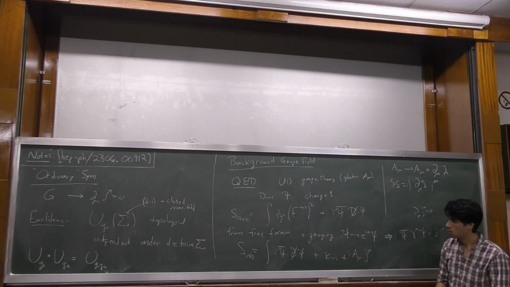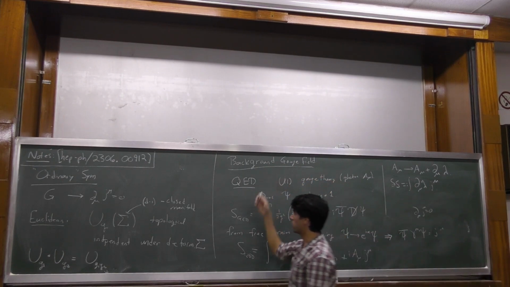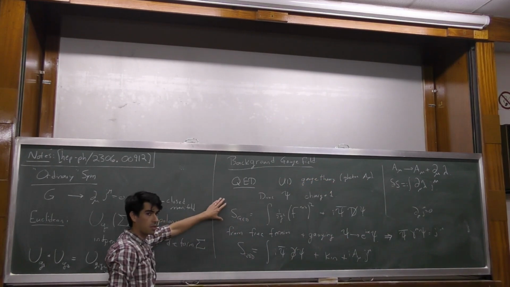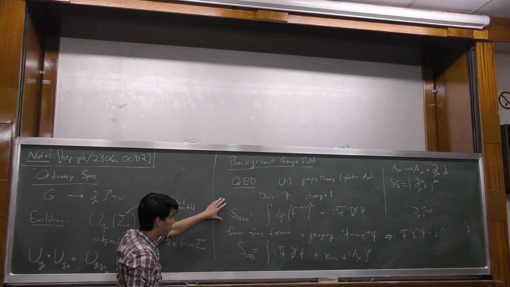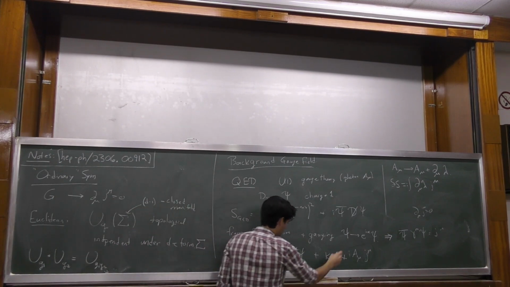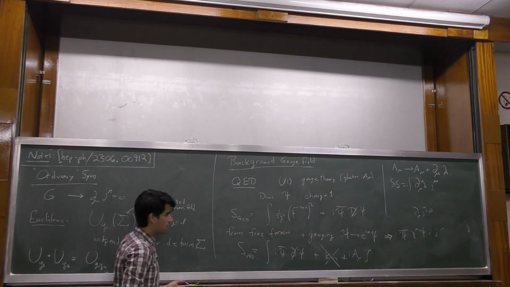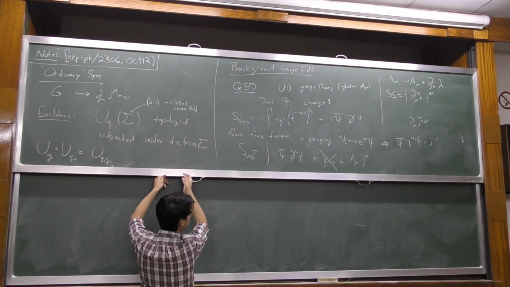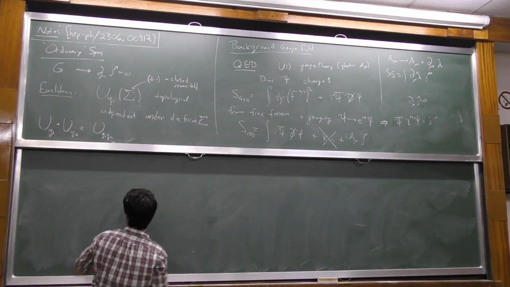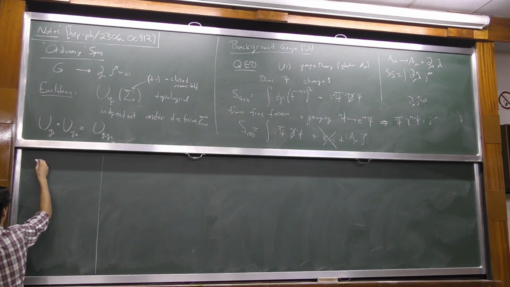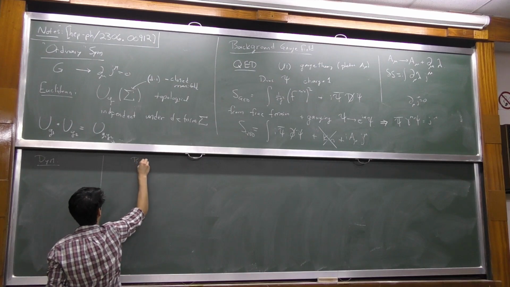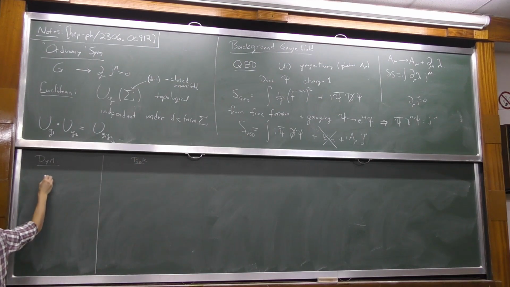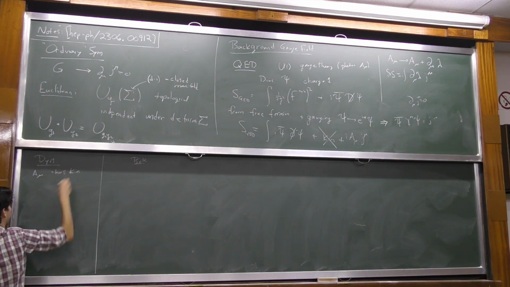So what I mean by turning on a background gauge field is similar to what we mean by turning on a dynamic gauge field, in that the background gauge field does not have a kinetic term, and it's not summed over in the path integral. So here we say A_mu has a kinetic term.